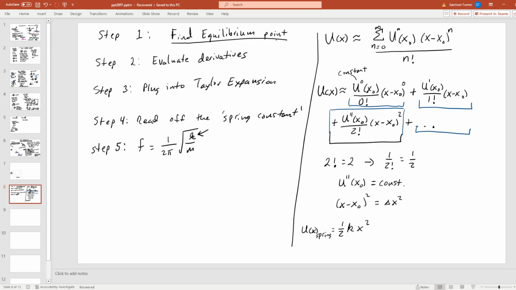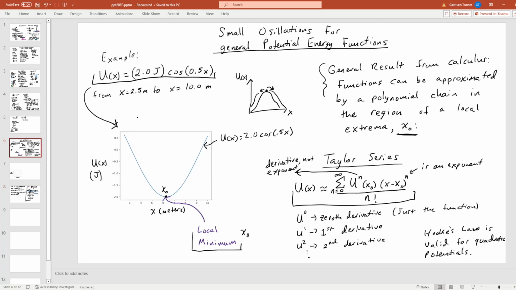Okay, so that means that the slope of my function right here is going to be 0 right at the bottom of that minimum. So what you do is you take the derivative of your function to get the slope, and then you set it equal to 0 and solve for x.